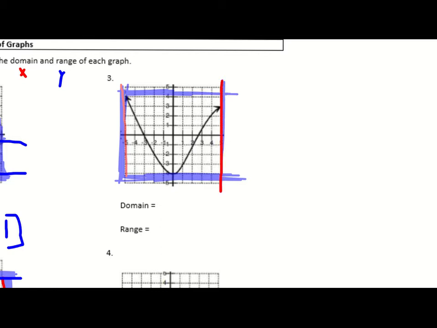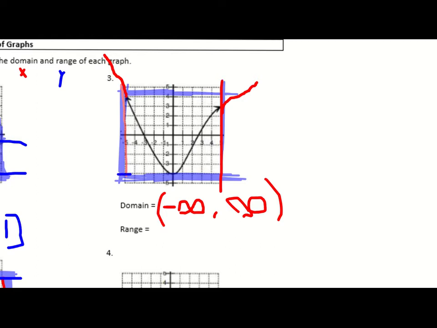On the left there's an arrow, meaning my graph's going to keep going in the left direction. Whenever there's an arrow, that means infinity, and if it's going left, that's negative infinity. Same thing on the right, there's an arrow that keeps going, and since it's on the right, it's positive infinity. Whenever you use infinities, you put parentheses around them, never hard brackets.